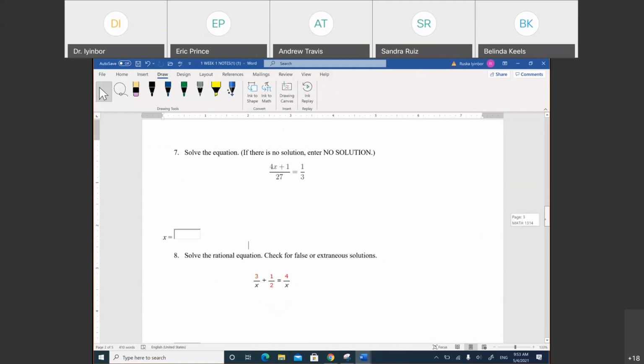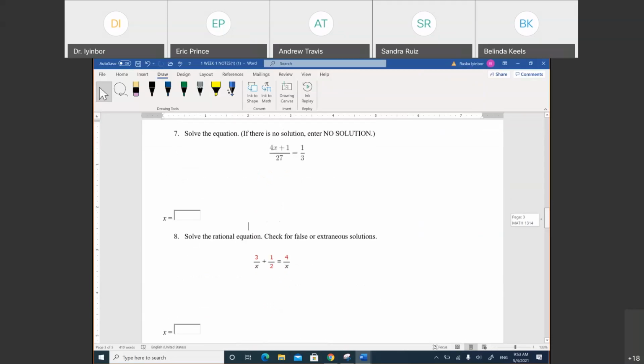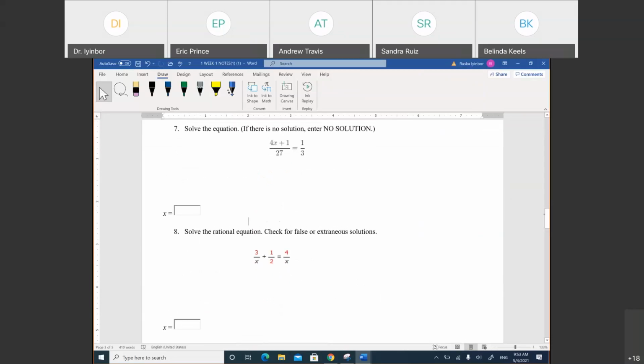We're going to number 7 and 8. These are equations with fractions. These are linear equations. And in order to solve them, you can work with fractions if you like, or you can get rid of the fractions. Which one do you want me to show you? Get rid of the fractions.